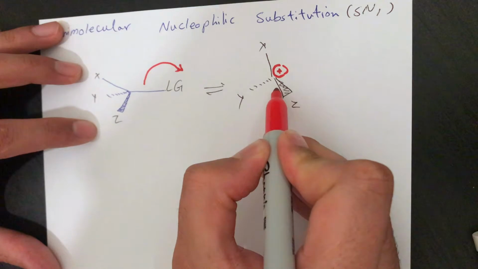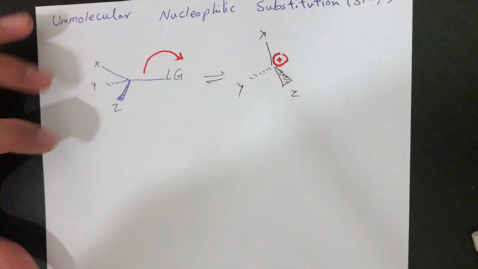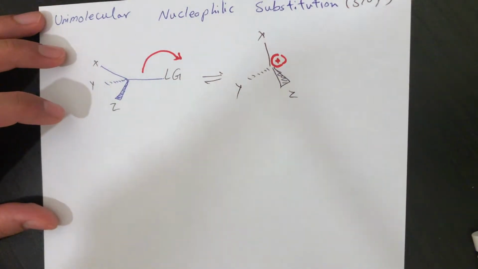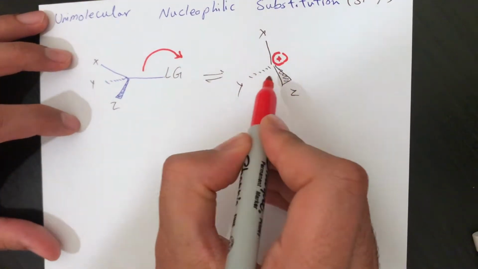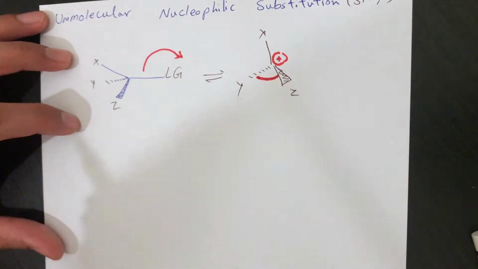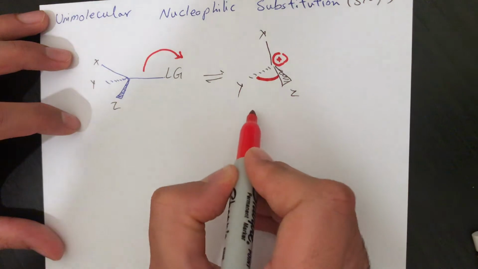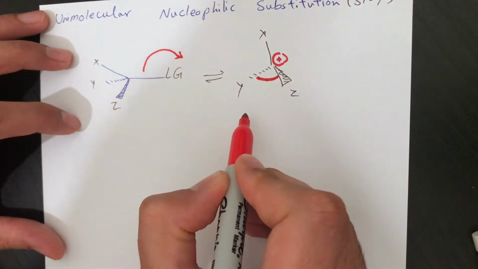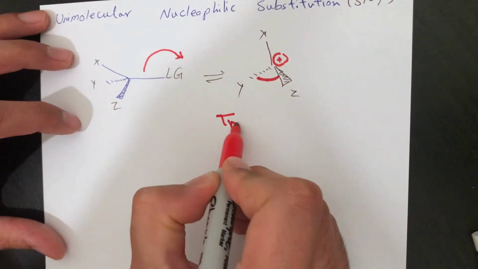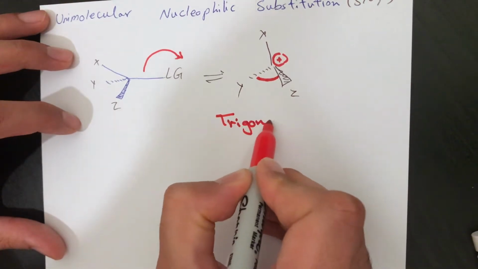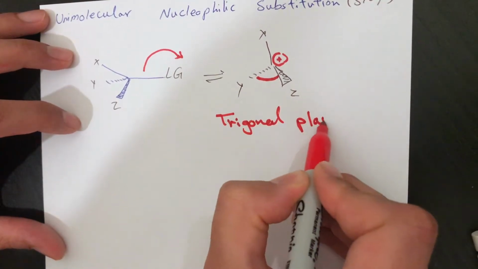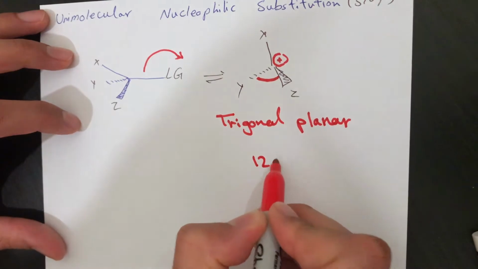And the main thing about SN1 you need to keep in mind is we are always forming a trigonal planar, which is 120 degrees.